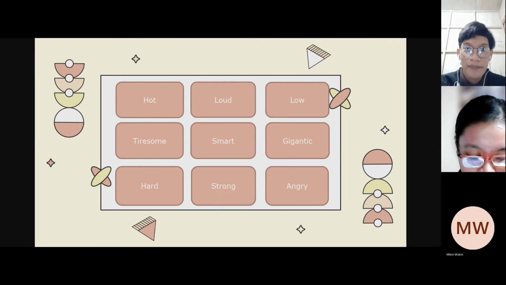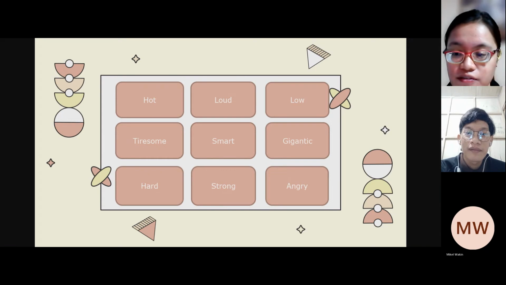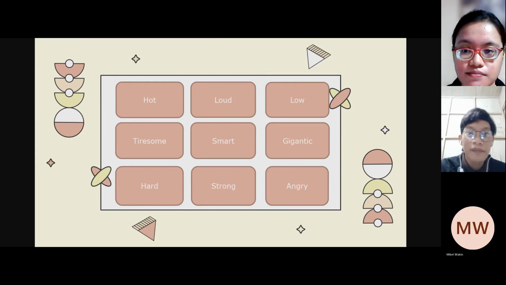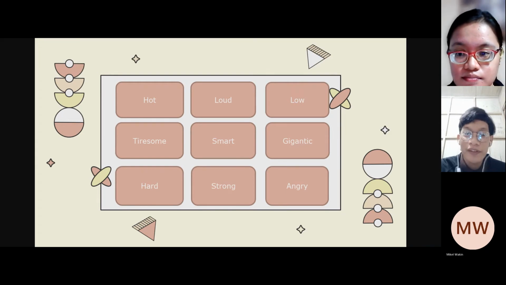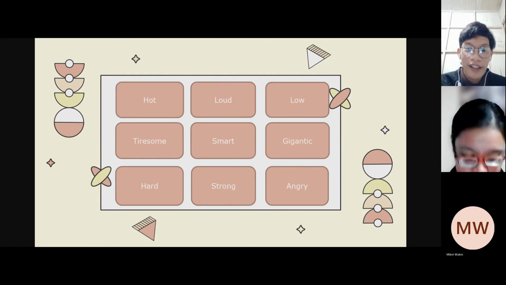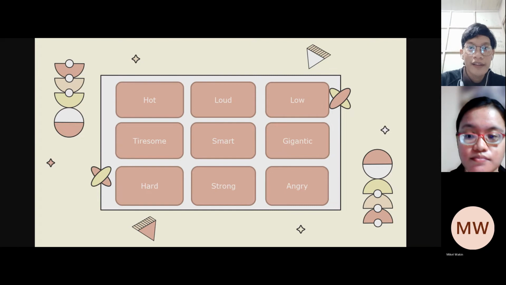All of the words I think are adjectives. Yes, that is correct. Each word presented on the screen is an adjective word. Again, let's proceed on our next slide.